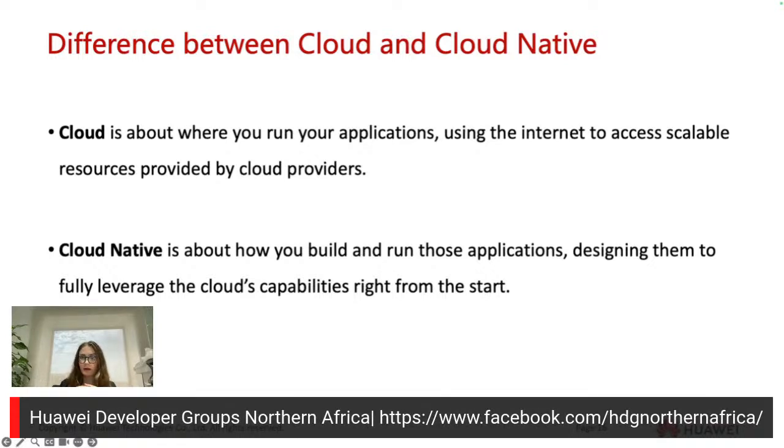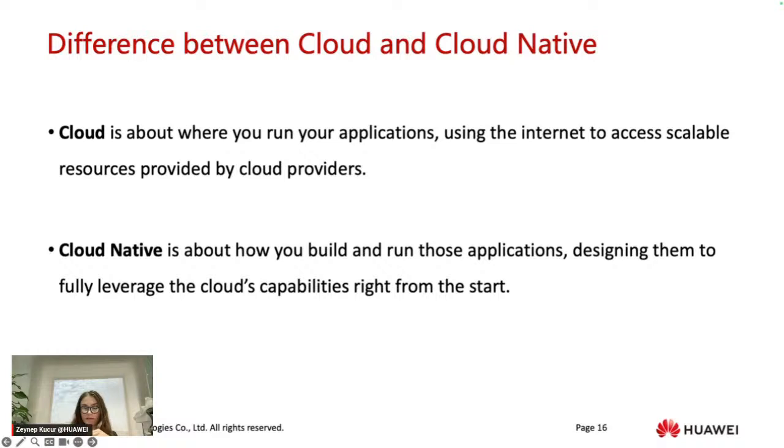I talked about the cloud native pillars like microservices, containers, and DevOps, which allow them to run in dynamic, distributed environments. This makes them incredibly adaptable, able to scale and evolve quickly to meet changing demands. Unlike traditional applications, cloud native ones are composed of small independent services that can be updated, deployed, and scaled individually, making them perfect for continuous development and deployment.